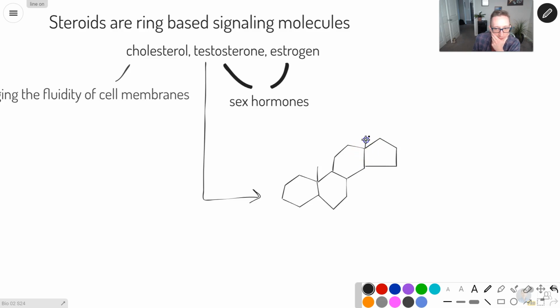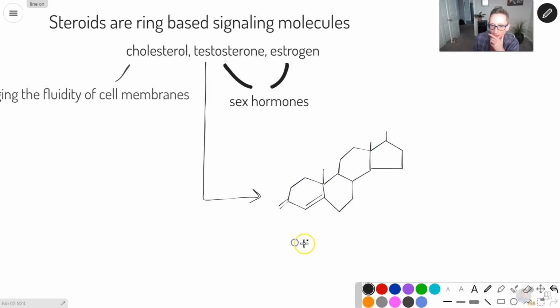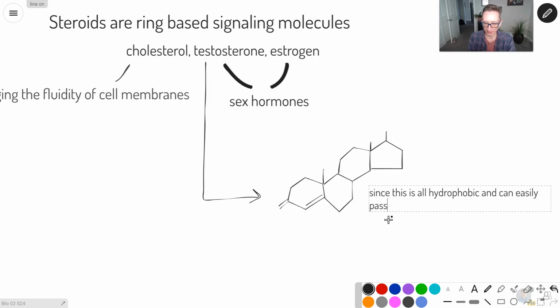And we got a little carbon coming up here and another little thing coming up there. This would be a double bond. This would also be a double bond coming over here. So this is all just hydrocarbon, ring-like structures. Okay, so since this is all hydrophobic, it can easily pass through cell membranes.